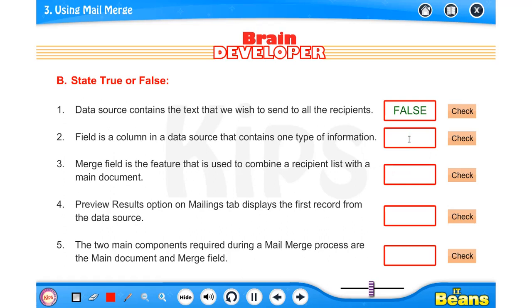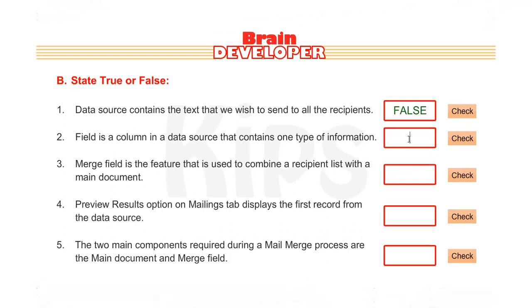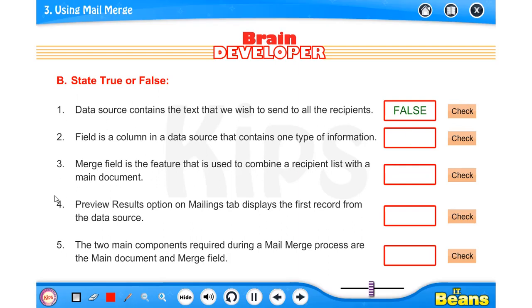Now next one we are doing. Field is a column in a data source that contains one type of information. Field is a column in a data source that contains one type of information.